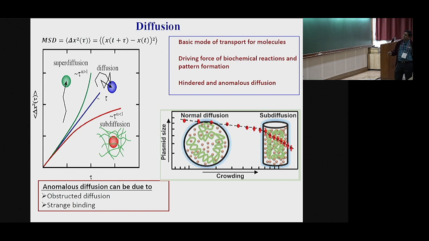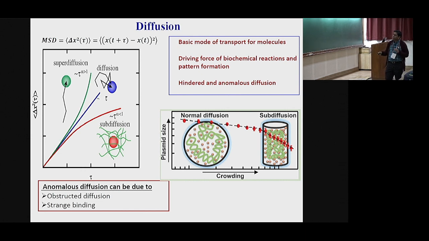So when you increase the size of the plasmid, since we have taken 4 different plasmids starting from 2.6 kilobase pair to 5.3 kilobase pair, and if you increase the crowding volume fraction, at the low concentration of the crowder, it is following normal diffusion, and when you increase the concentration of the crowder a bit, then it changes to the subdiffusion region, and it also changes its shape.